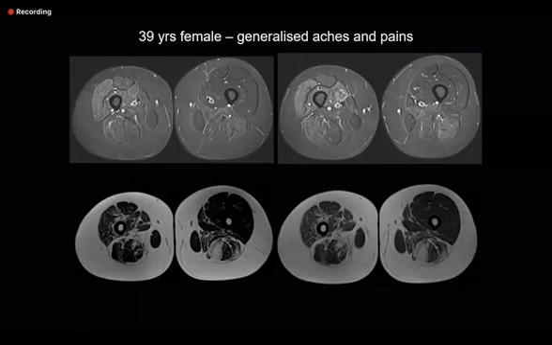So this is a case sent by the rheumatologist. Going back to first principles, I know that there's edema in the muscles, and there has been a chronic picture with fatty change of the muscles as well, especially in the posterior compartment.